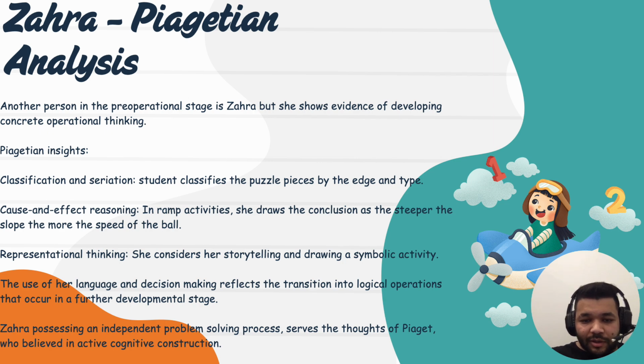Representational thinking: she considers her storytelling and drawing symbolic activity. The use of language in decision making reflects transition into logical operations at this developmental stage. Her representational thinking is shown in storytelling. Jara's behavior aligns with Piaget's theory that cognitive development results from active engagement and self-guided learning.